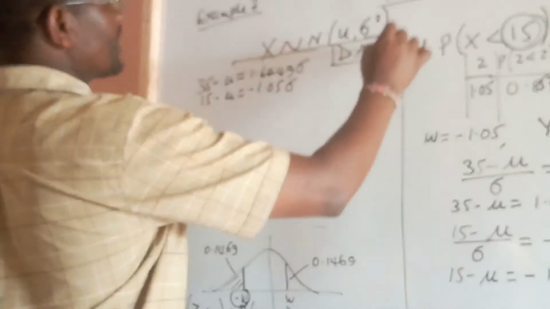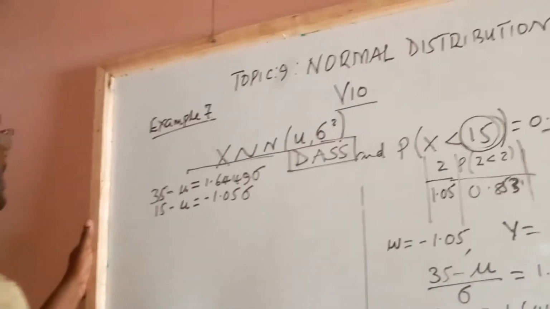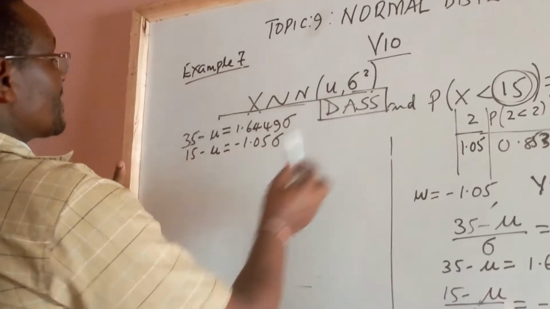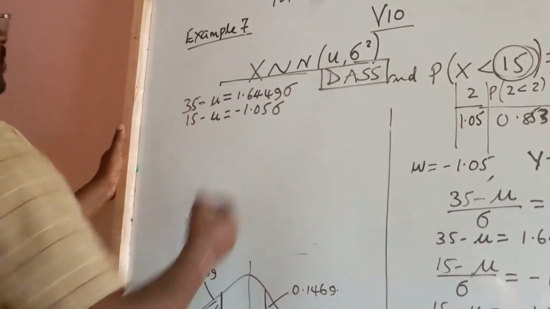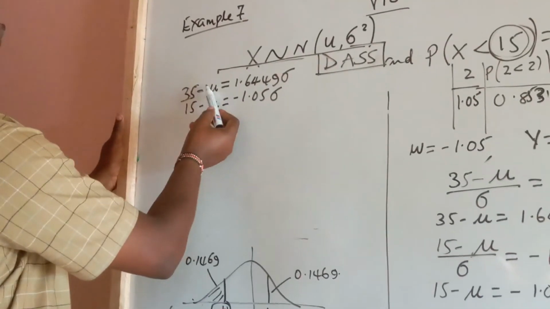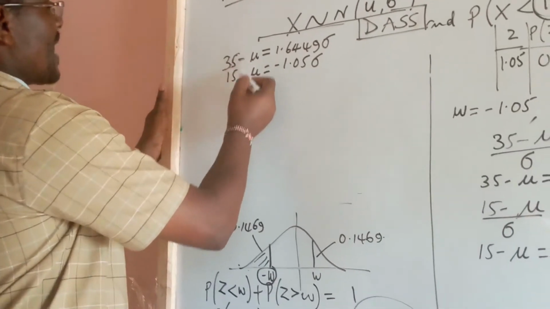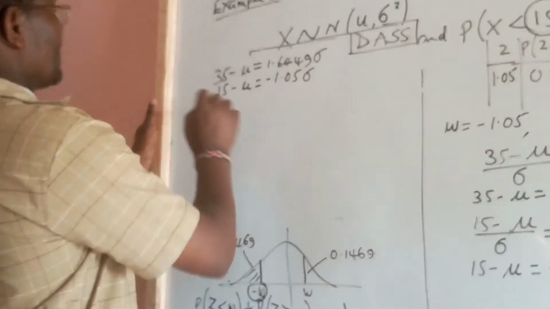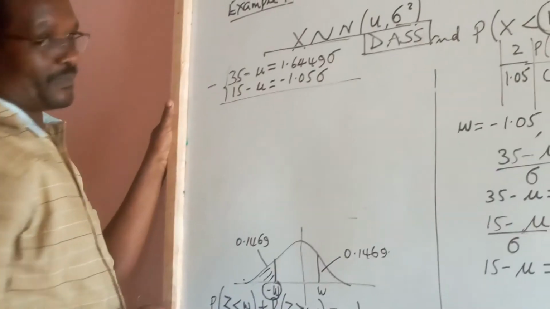In DAS, when we are dealing with different signs, we add, and when we are dealing with the same signs, we subtract. We don't have to multiply with anything, because the mean and the mean have the same coefficient, which is 1. And because they have the same signs, negative and negative, yes, equation 1 minus equation 2.